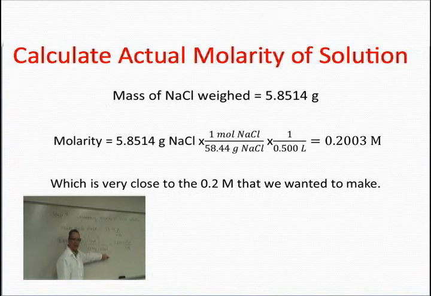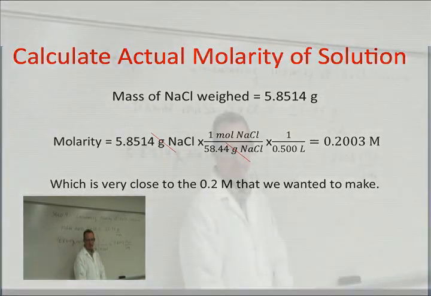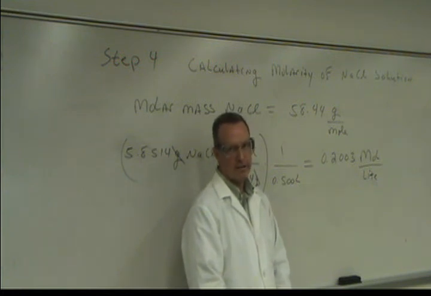Now we have to divide by the liters. Again, 0.5 liters. Notice, grams cancel with grams, and I'm left with moles per liter. And this comes out to be 0.2003 moles per liter of NaCl, which is very close to the 0.200 molar solution of NaCl that we wanted to make. So we're very happy with that.